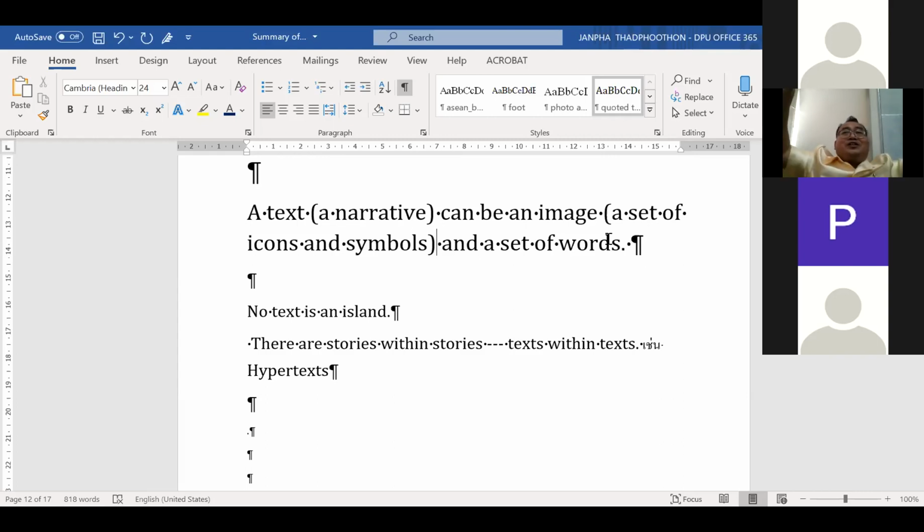You can use symbols. You can use drawing to tell a story. You can use other signs. You can simply use icons and symbols. Do you understand what I'm trying to tell you?